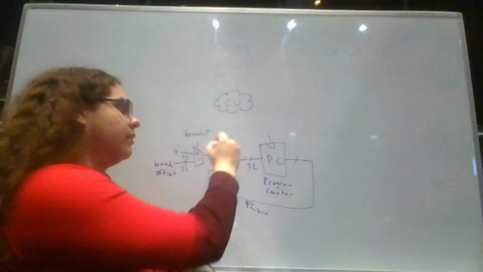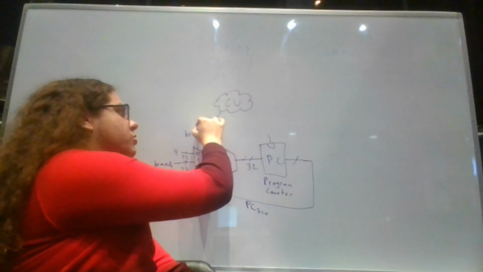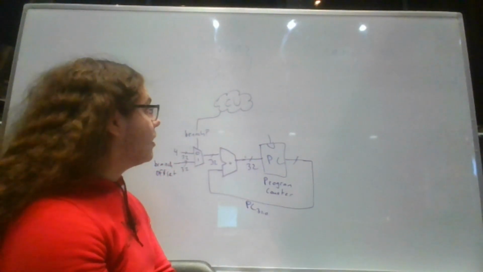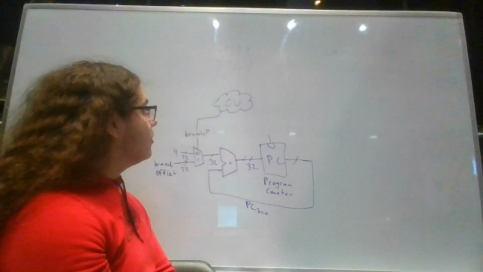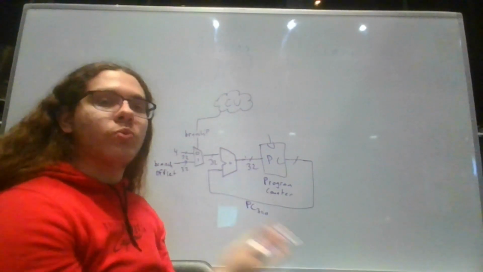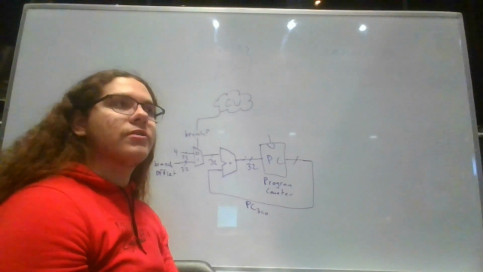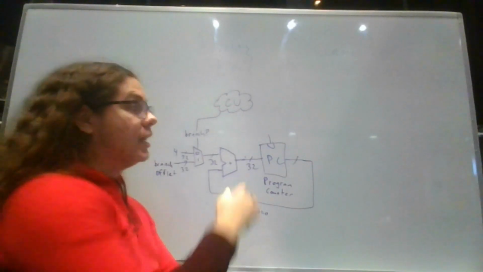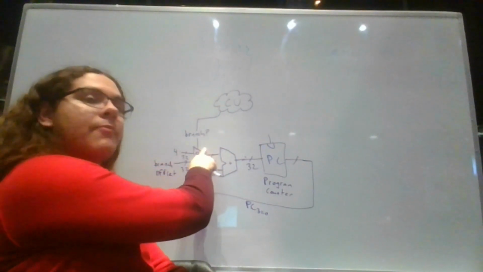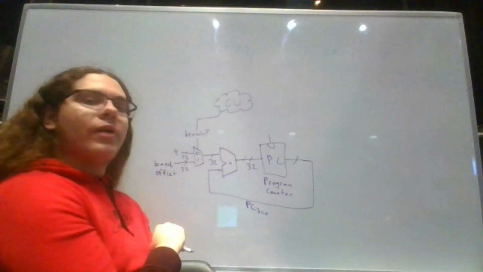And that control unit sends these signals which control your multiplexers and things like that. The control unit reads in your instruction and determines whether or not you're going to do a branch. And if you do a branch, it's going to tell you, hey, I'm going to branch. Put this as a 1, go to my branch.